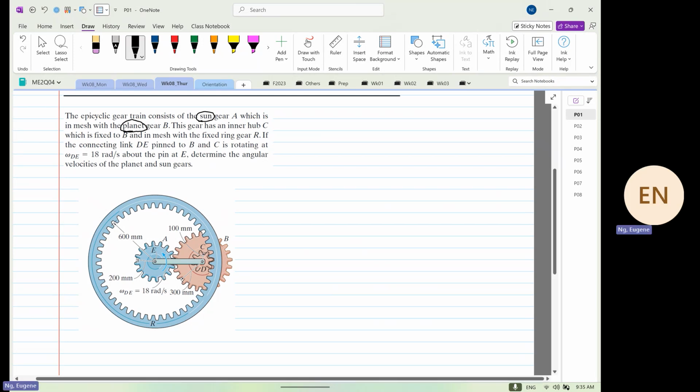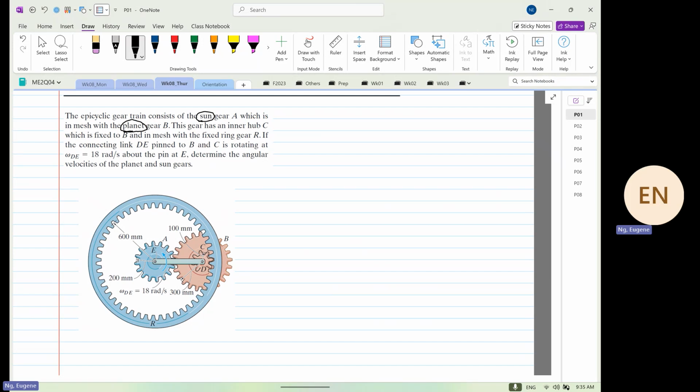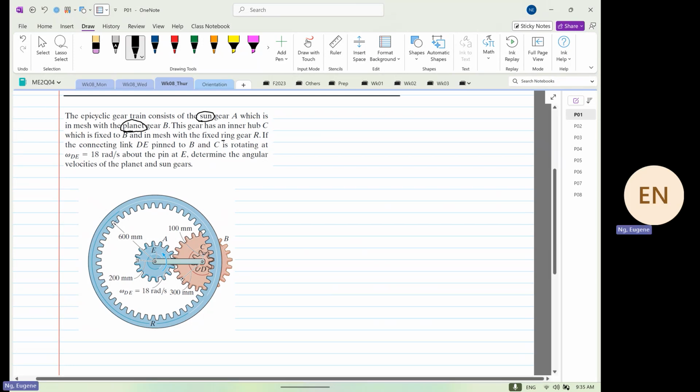The gear has an inner hub C, which is fixed to B and is meshed with the ring gear. Okay, so over here we have a ring gear.